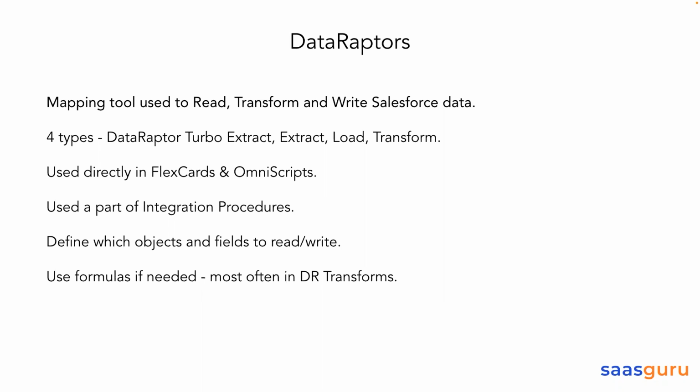So for example, we have the same extract account information that would extract account and contact, but for some FlexCards, we only show contacts and for others only accounts. It's cool, it's fast, and it's like a very simple building block for everything.